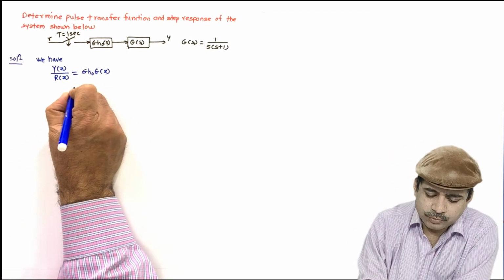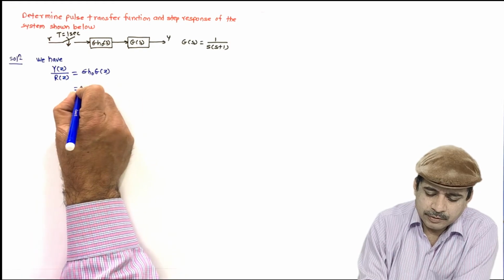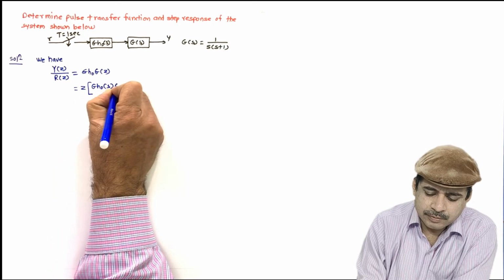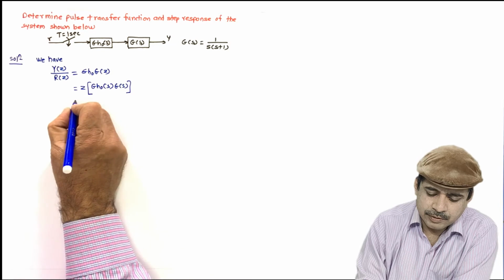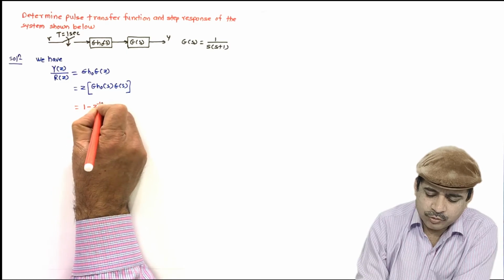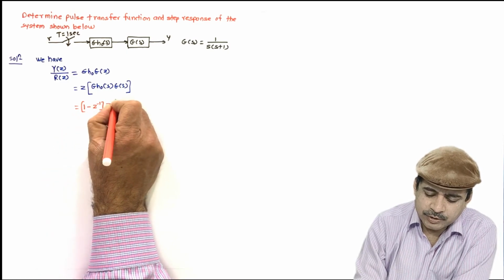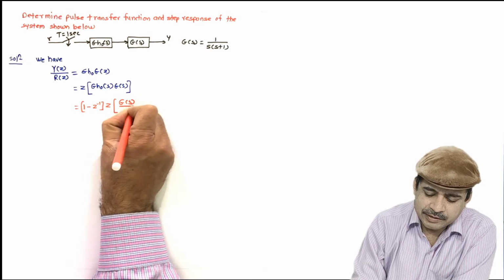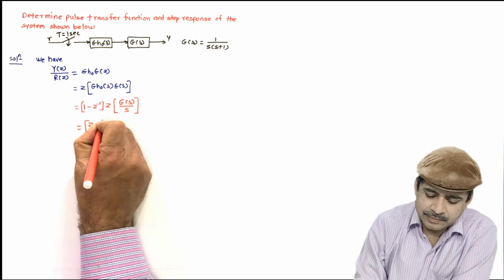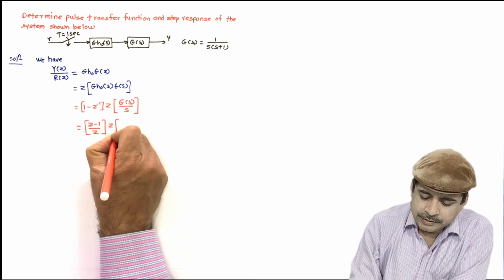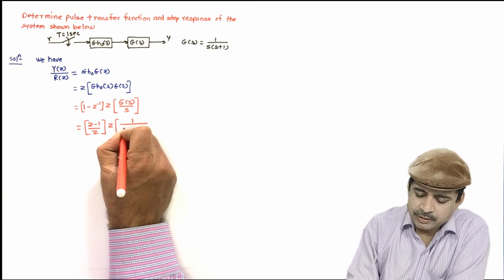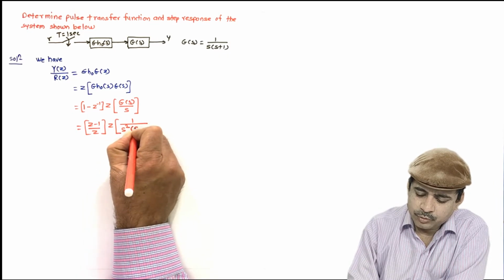And then it will be equal to the z transform of, and that is equal to 1 minus z raised to minus 1 into z transform of G of s by s, that is z minus 1 by z into z transform of, so G of s is 1 upon s into s plus 1, so this will be 1 upon s square into s plus 1.